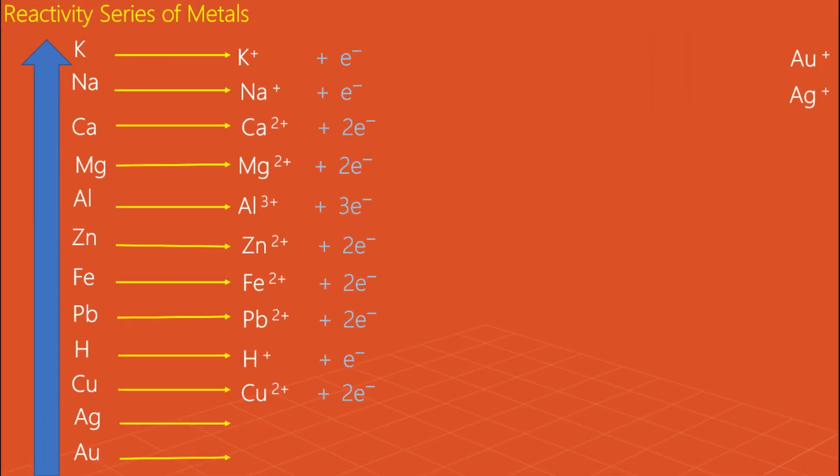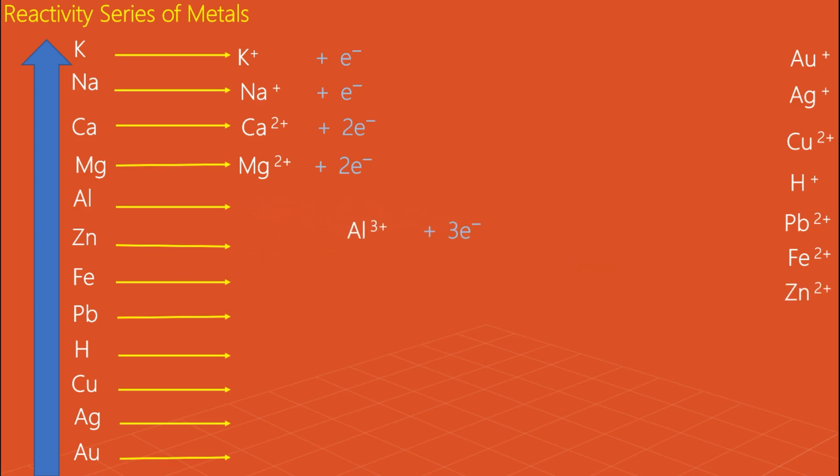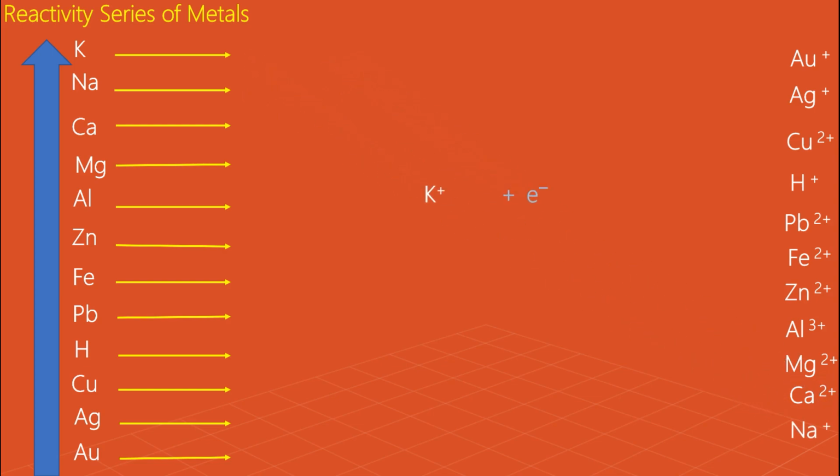As we are dealing with both cations and anions, we'll have two series. One series will be for cations and the other series will be for anions. So now we first have a look at the series of the cations. We are picking the last one, gold ion, first, and then we're putting in the order silver ion, and accordingly we are giving all other ions and arranging them in a proper order based on their reactivity.